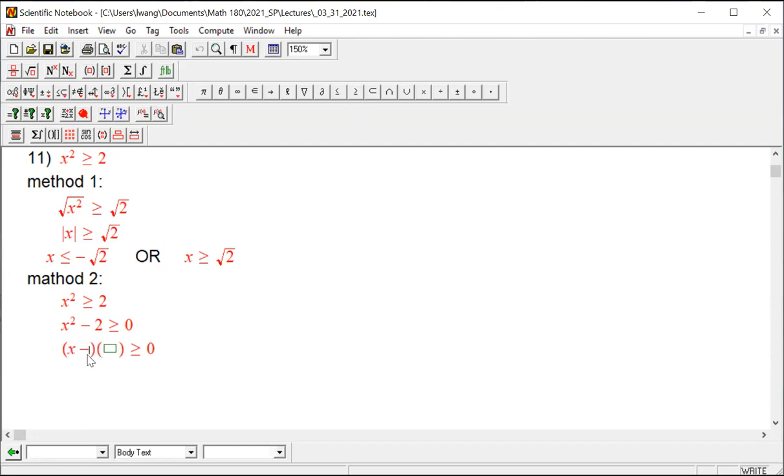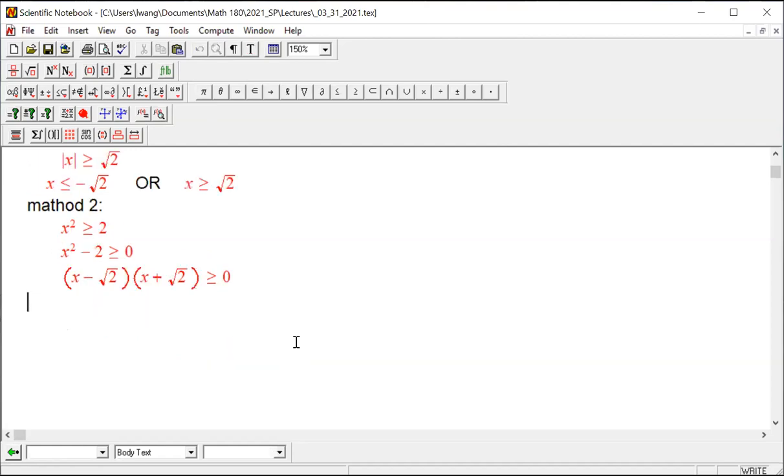You get x minus root 2, and x plus root 2.